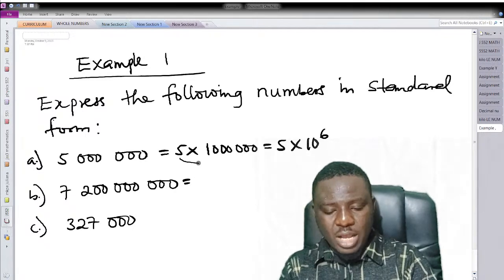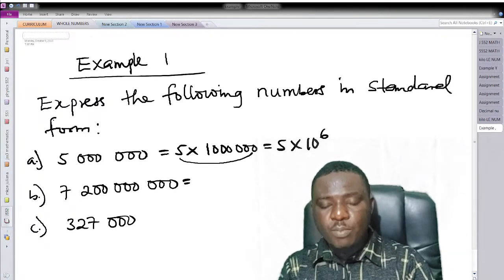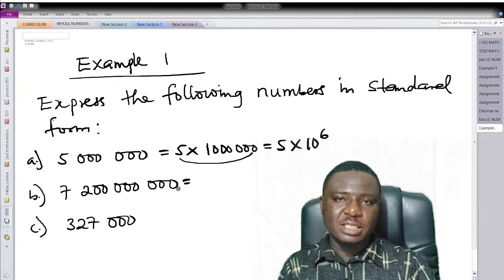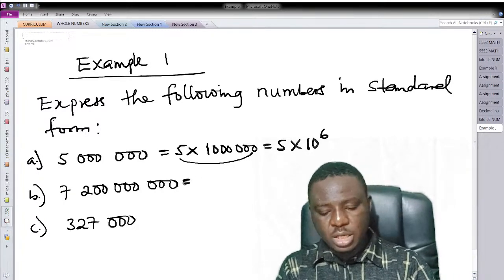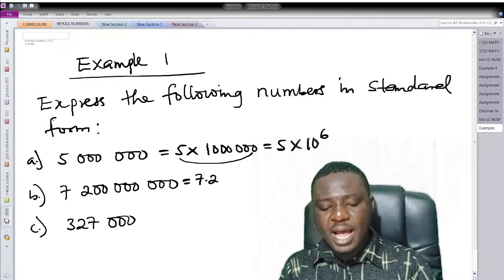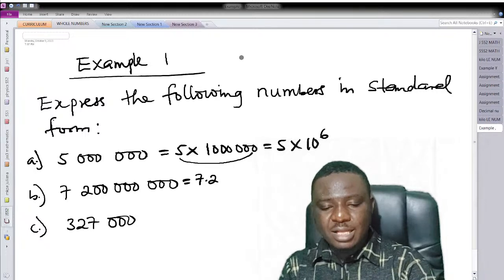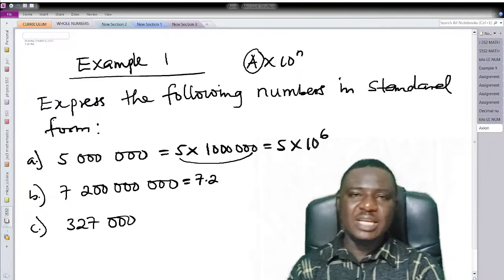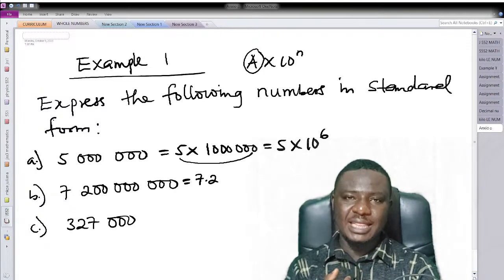Now, I'm not going to expand it in this form, but rather, I'll just move straight ahead to expressing it in standard form. And how do you do that? You express it as 7.2. Remember, I said the number must be expressed in the form A times 10 raised to the power of n, where A is a number that falls between 1 and 10.